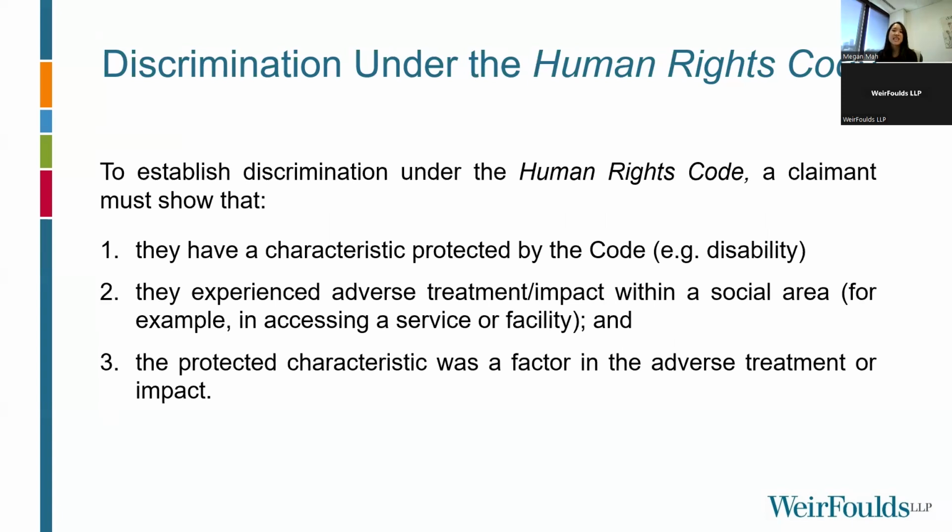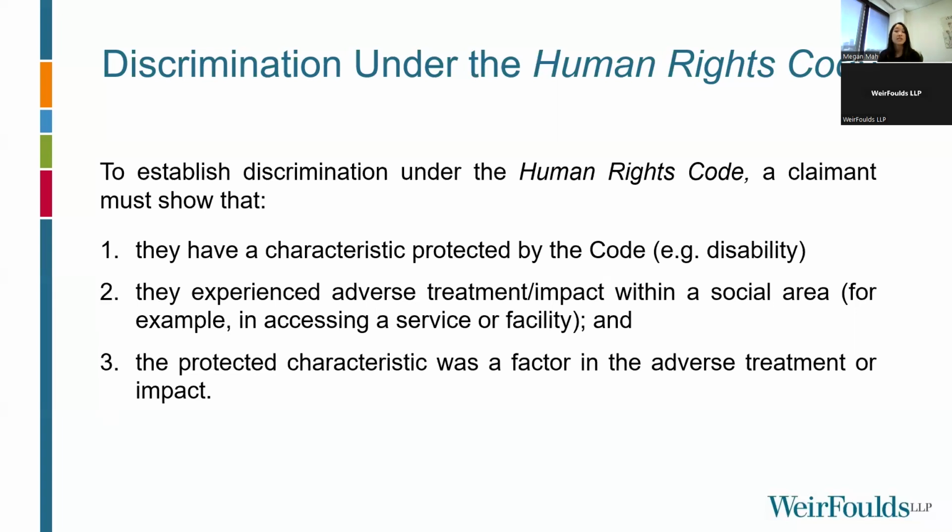Now, I've set out on the slide the general test for discrimination under the Human Rights Code. So to establish discrimination under the Human Rights Code, a claimant generally has to show that they have a characteristic protected by the code. So for example, the ground that we're focusing on today is disability.